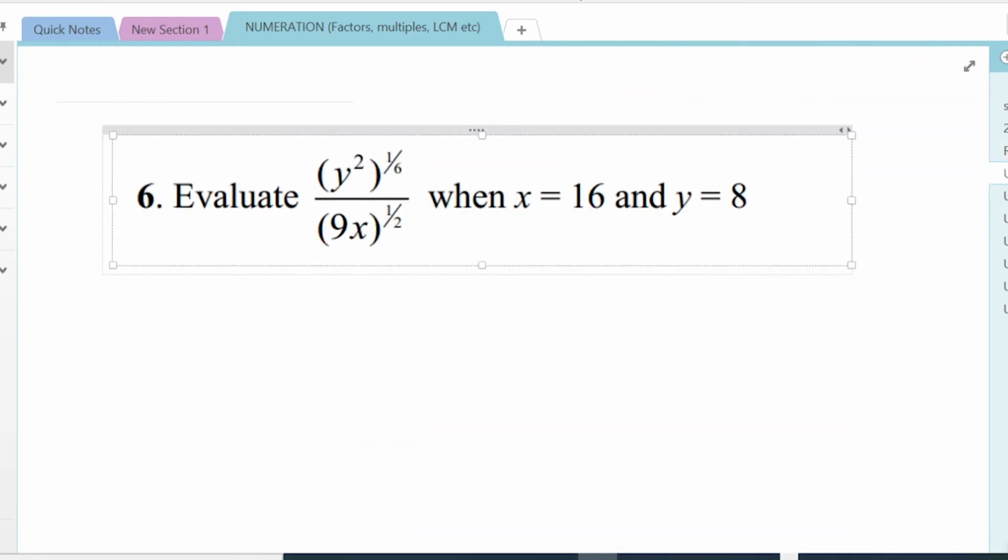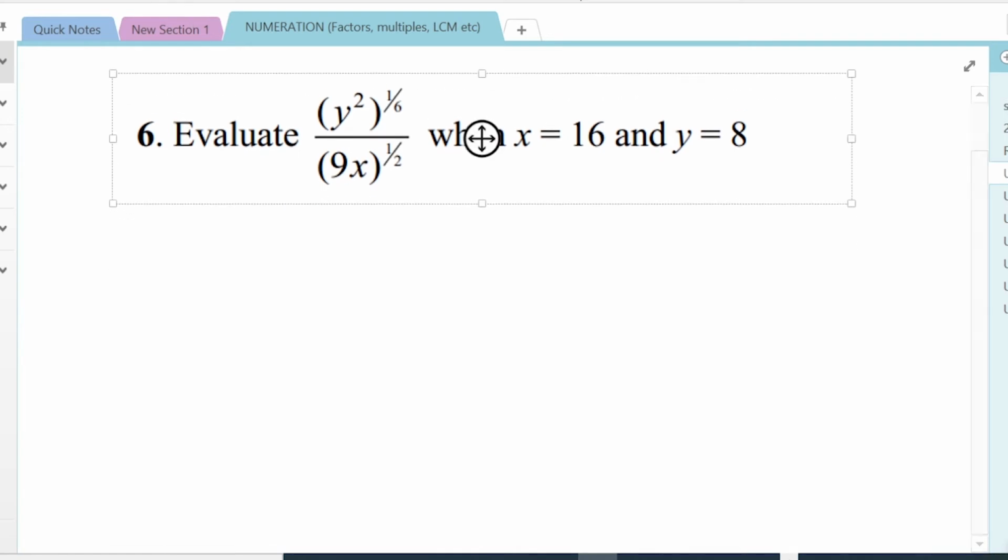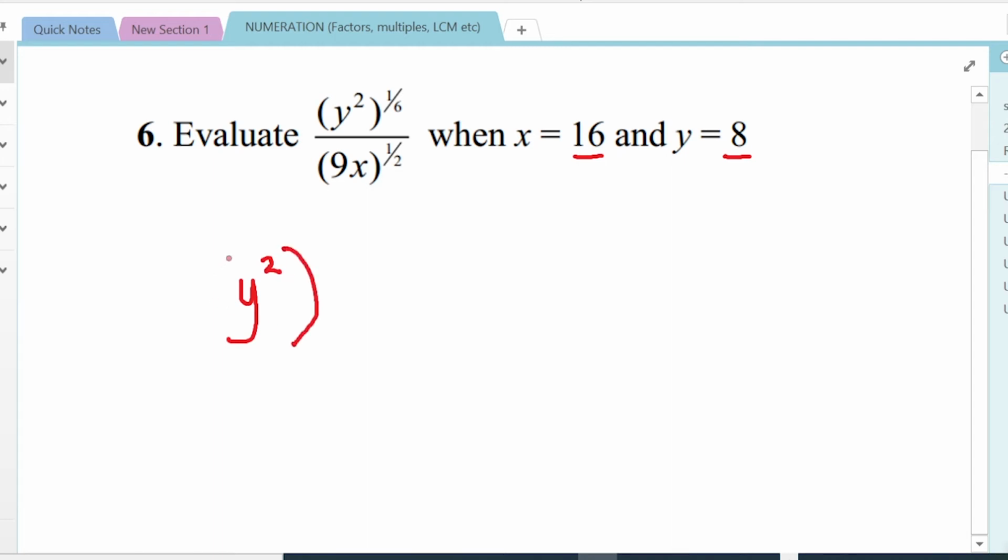Moving on to the next one, how we have this here, evaluate this where x is 16 and y is 8. So here we shall have to first substitute. So y squared, this whole thing is to the power 1 over 6. Divide that by 9x.